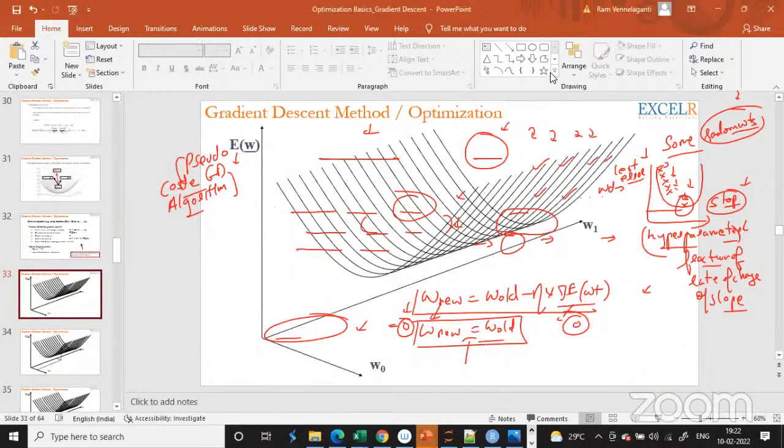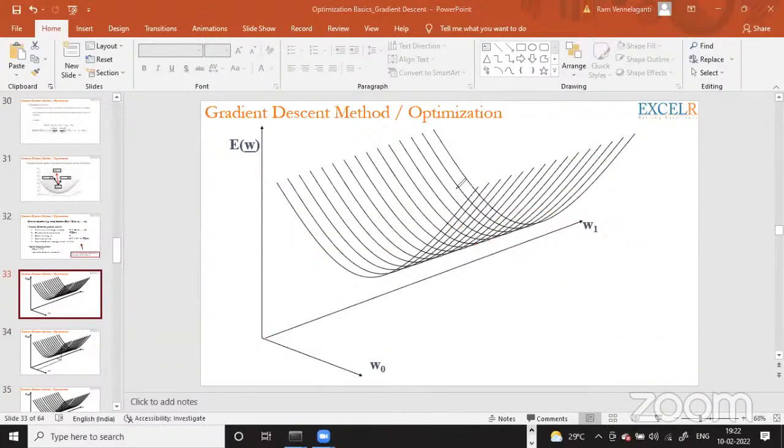Now, diagrammatically, how can we understand? We have to start from somewhere at the top. And initially, you are going to start with some random values for W1 and W0. Our job is to minimize your error.